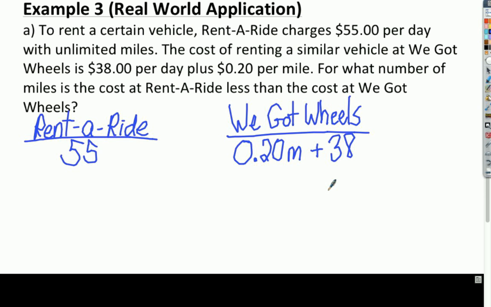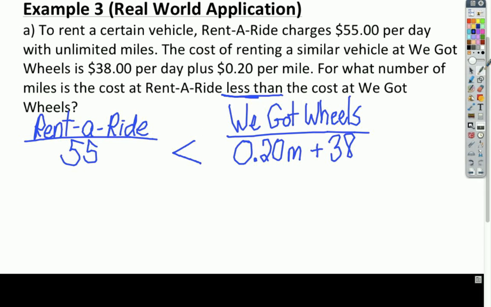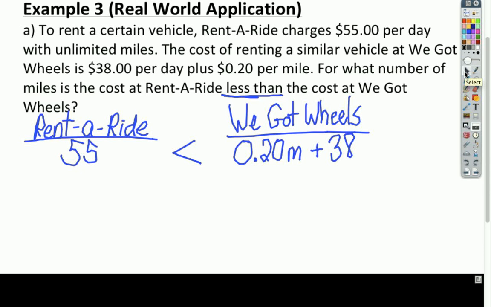So we have an expression for Rent-A-Ride, we have an expression for We Got Wheels, and the question is, for what number of miles is the cost of Rent-A-Ride less than the cost of We Got Wheels? So now, this is what is meant by efficient.